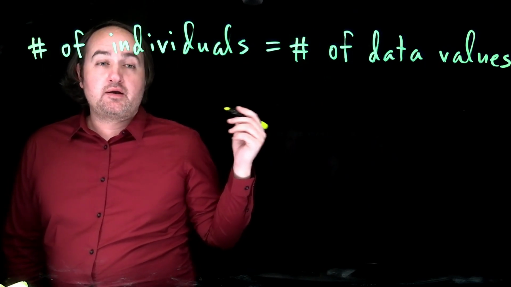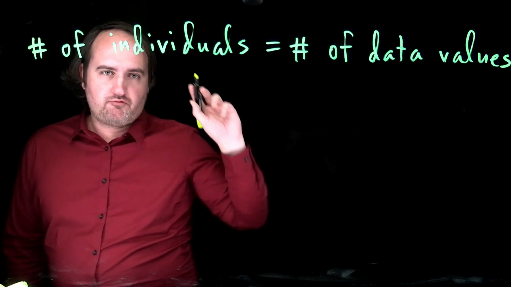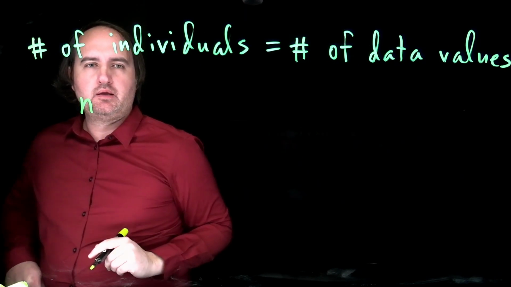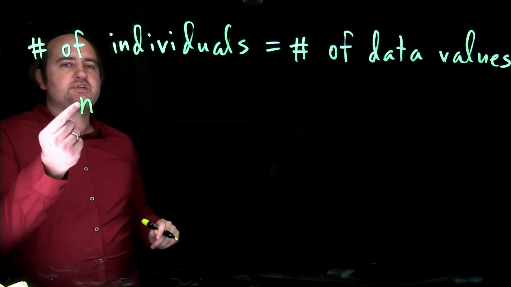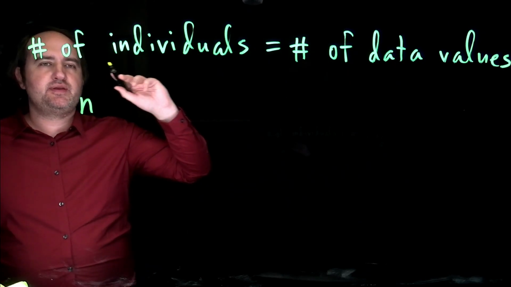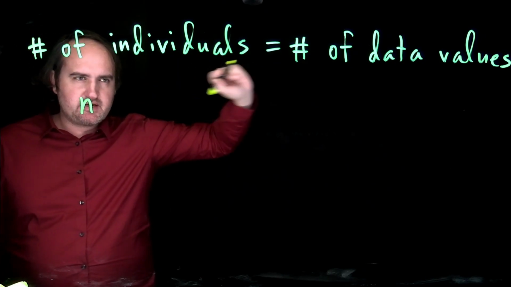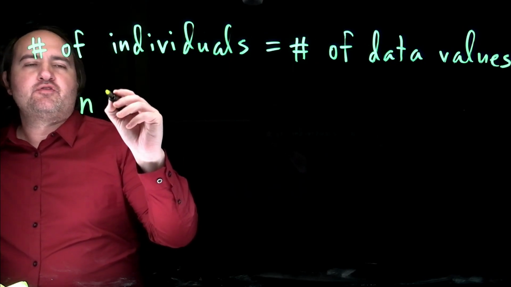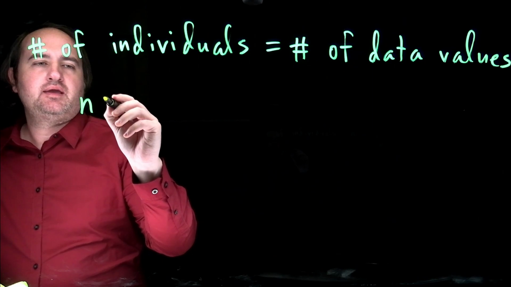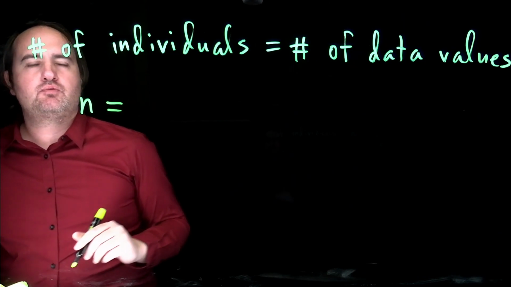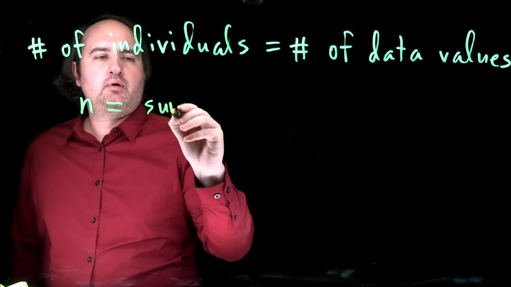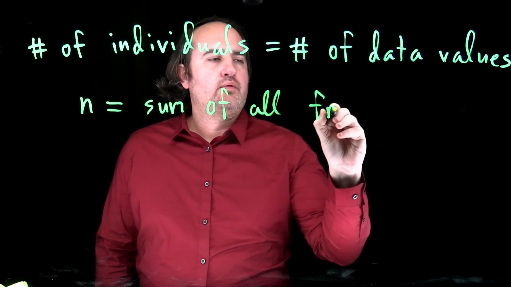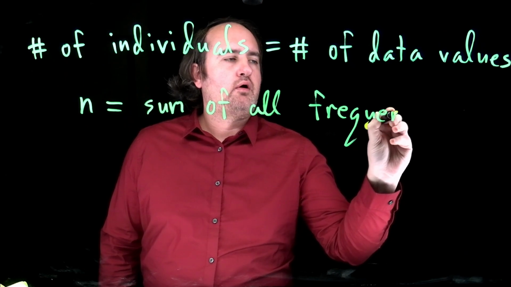And the letter that we're going to be using for that is called N. Okay, so this letter is going to represent the number of individuals, which is the same as the number of data values. And the formula that we're going to use here is N equals the sum of all frequencies.